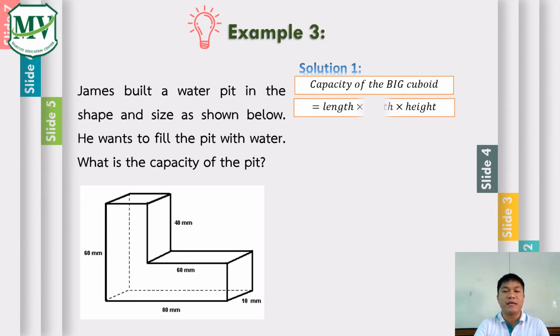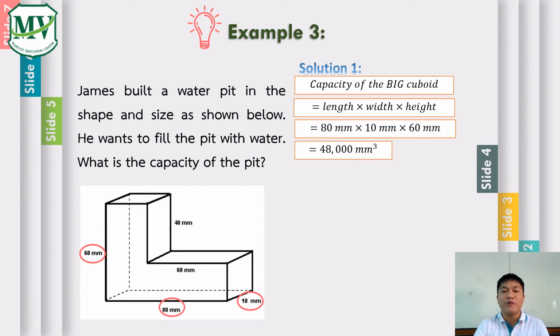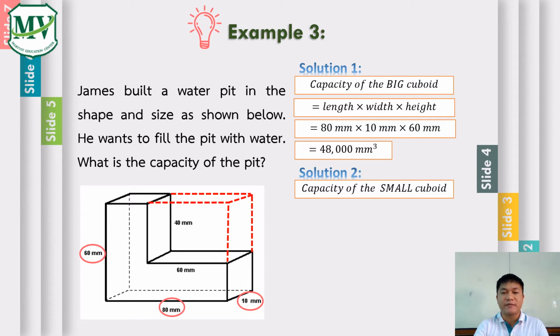The same formula, length times width times height. Since the length is 18 millimeters, the width equals 10 millimeters, and the height equals 60 millimeters, multiplying the three values, the product is 48,000 cubic millimeters. For our solution number 2, we need to solve for the capacity of the small cuboid.